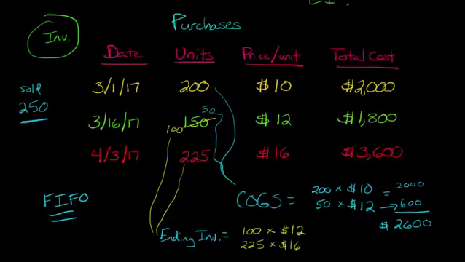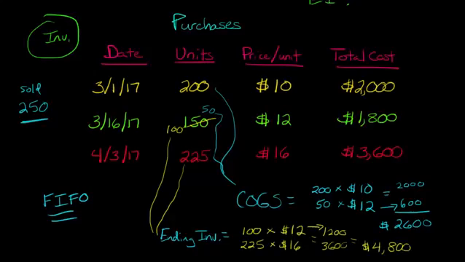And that's going to give us, what do we have here? We are going to have 1,200 is from this portion. And then we've got 3,600 from the bottom. And so that's going to give us 4,800 will be our ending inventory.